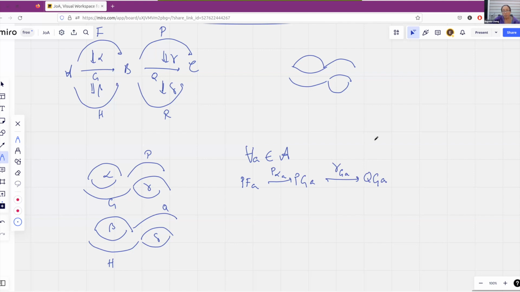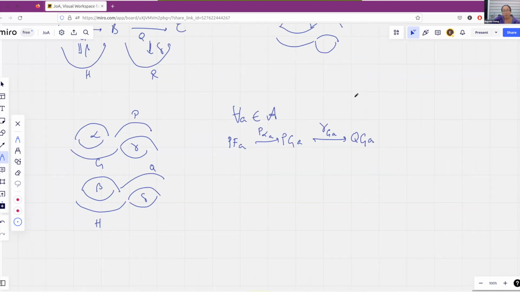And now the next thing we do is we go down beta whiskered with Q. So this is going to take us to Q of, right, beta goes from G to H, so that's Q of H of A. And this is Q of the component beta at A. And then I didn't draw that diagonal in the way that I should have done.